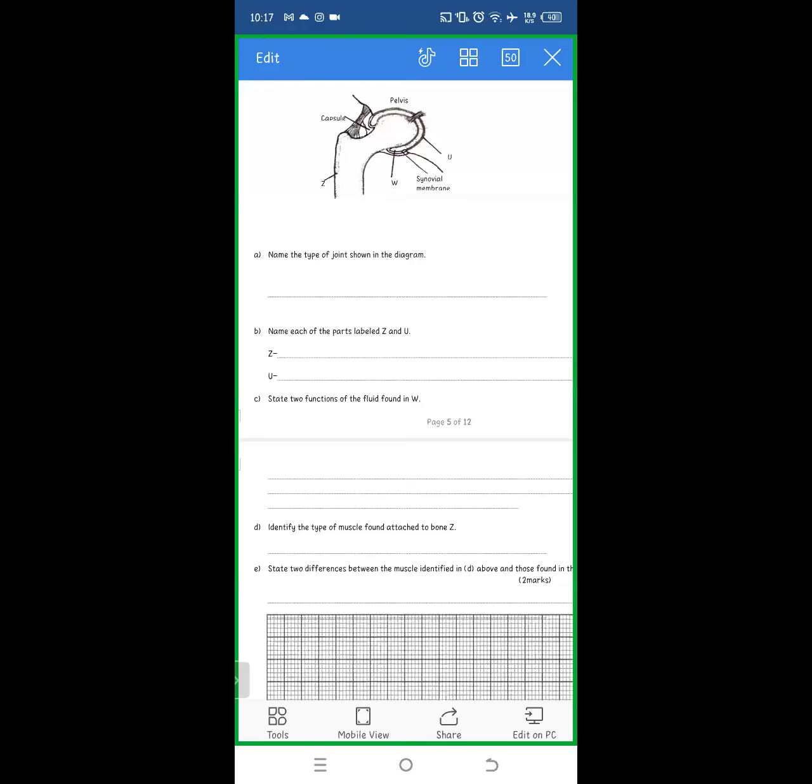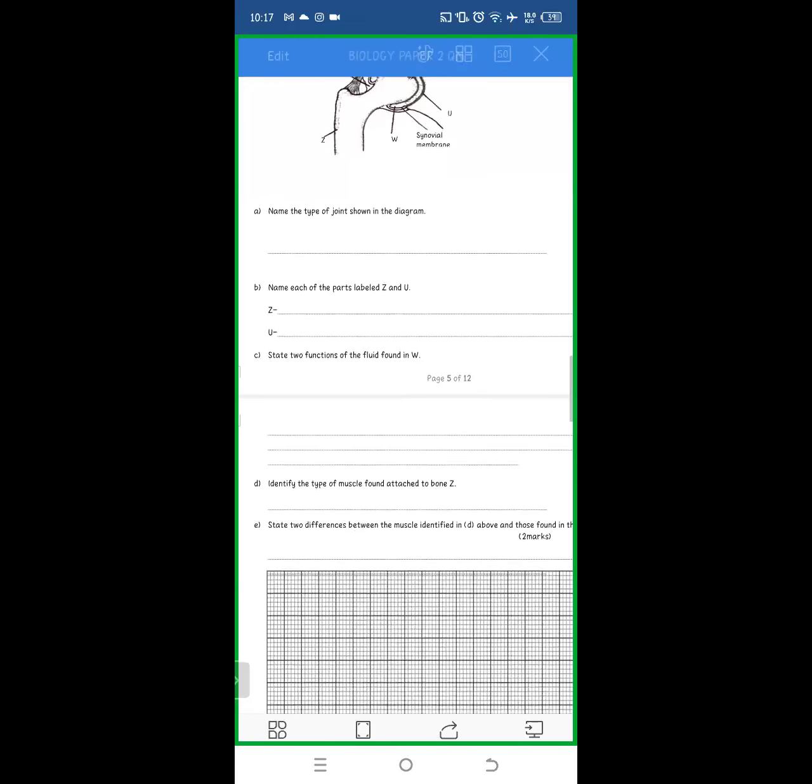Also, we have gliding joints at our vertebral column, and these joints only allow a small degree of movement. So for this type of joint, we need to hit it on the head and say that this is a ball and socket joint. Reason: one bone has a rounded head and the other fits into a depression.